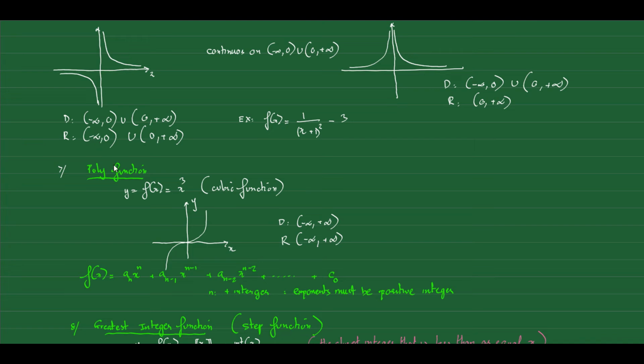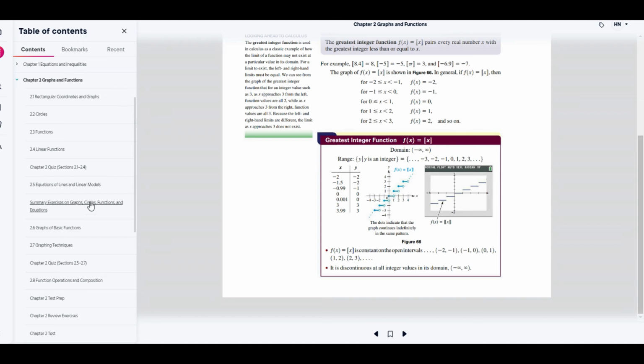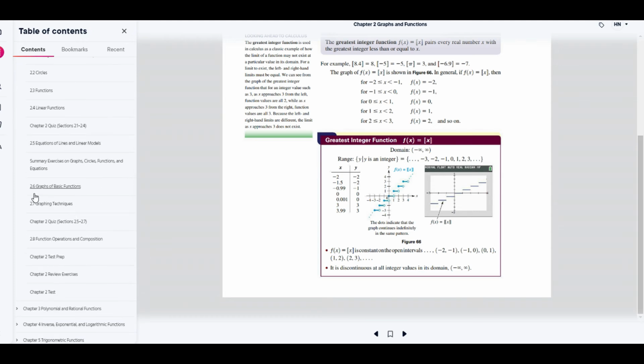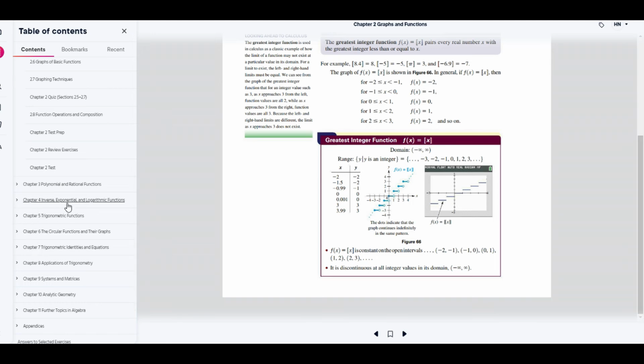So I'm not putting those functions here, because if you look at what we're supposed to cover, in chapter 4 we're going to cover exponential and log functions again. So I'm not going to put exponential or log functions. Even the rational and polynomial functions we cover one more time.